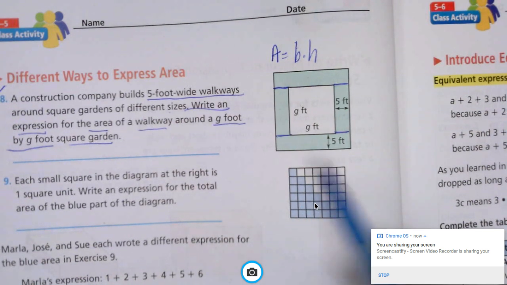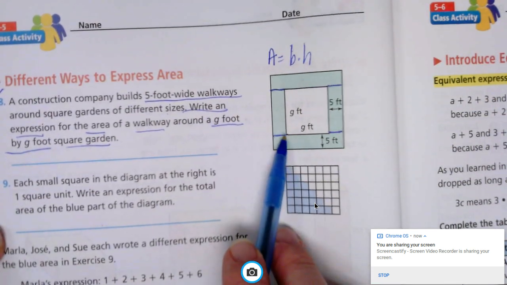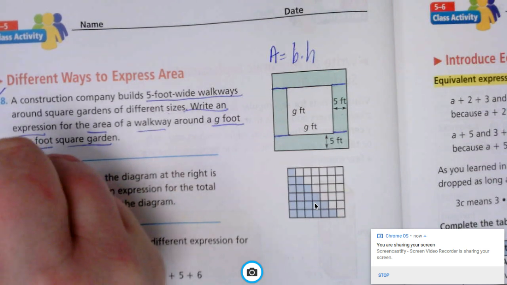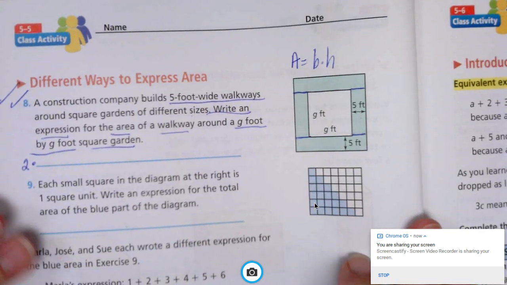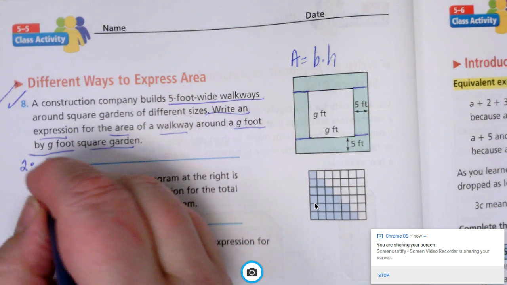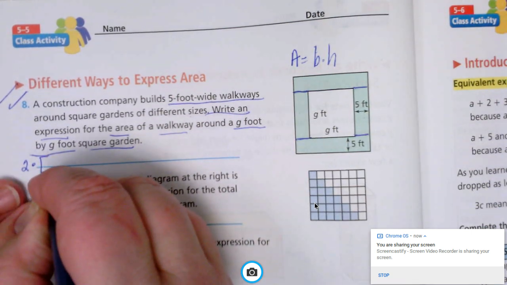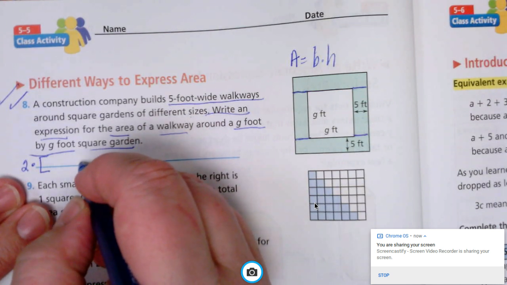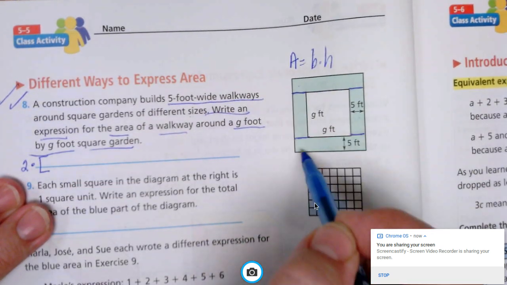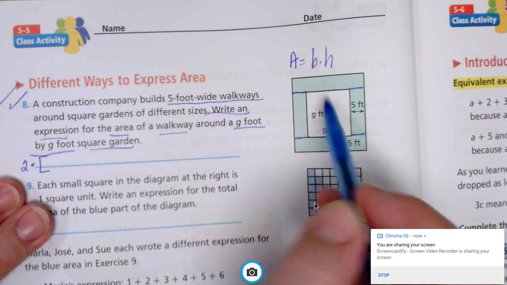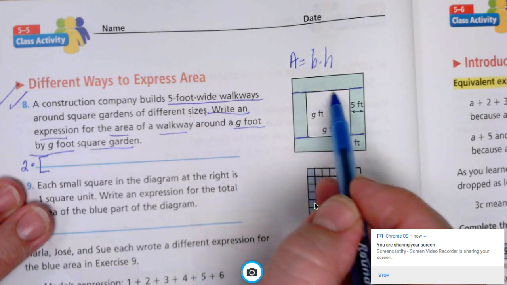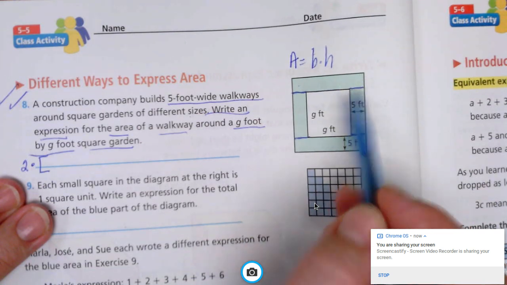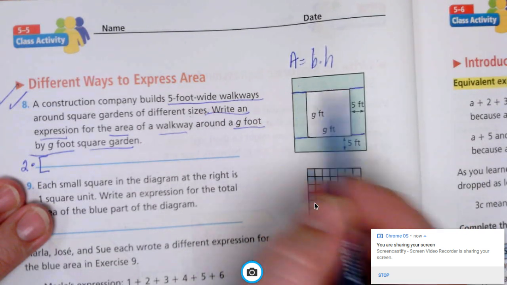The total area in this case would be 2 times, I can use a bracket. So I'm going to have G plus 10. If I'm just thinking about these two, the long ones, it's the width of G feet, plus 2 chunks of 5. So it's actually 5 and 5 here and here.